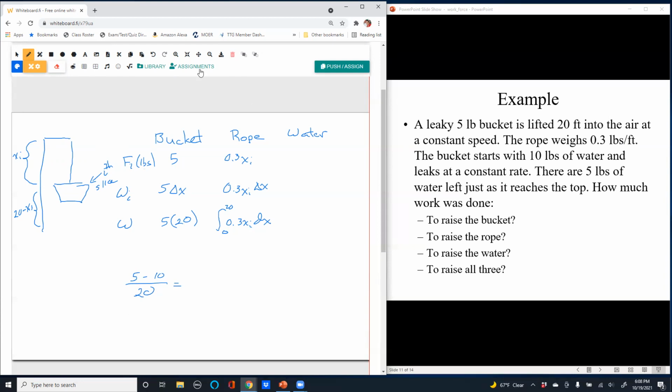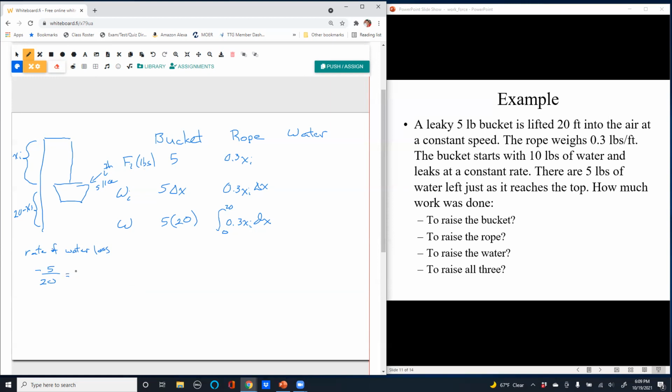Actually, I don't want to put that right there. I'm going to need that space. All right, so this is called the rate of water loss. We're losing 5 pounds over 20 feet.